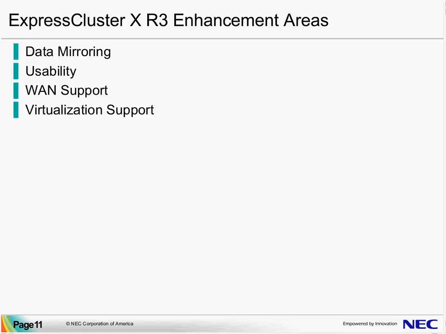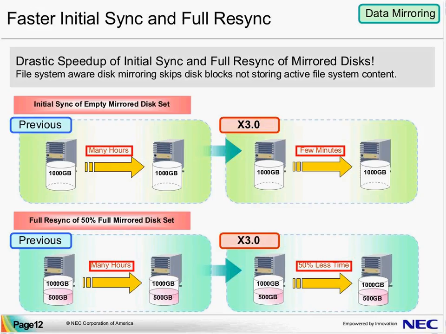So moving on, in the data mirroring area, one of the major enhancements in Release 3 is the ability to quickly set up initial mirroring of data protection. In previous releases, ExpressCluster used to copy all data of the target data volume that users want to protect.